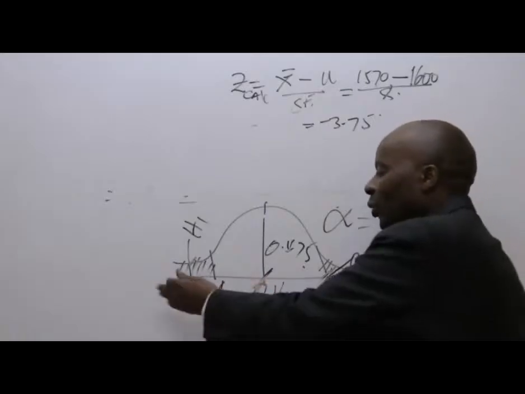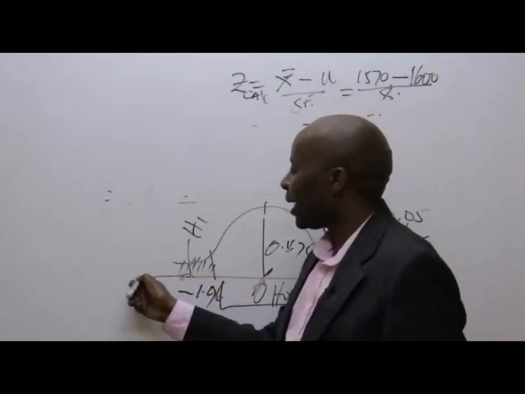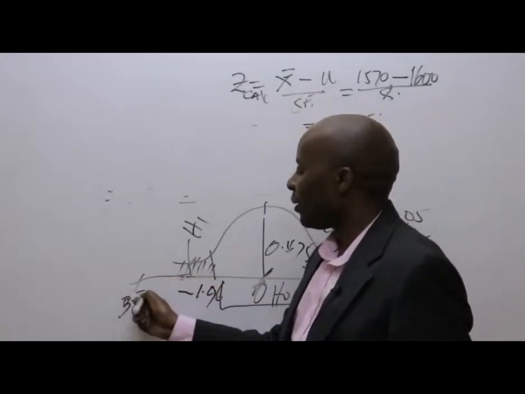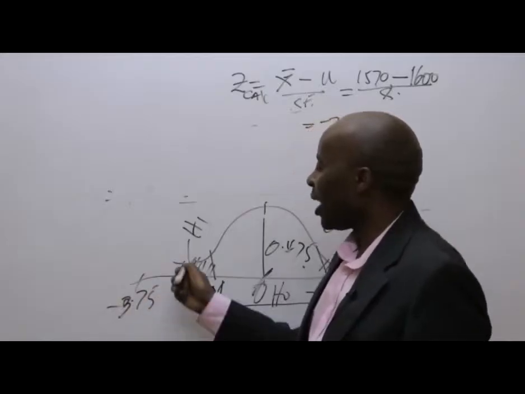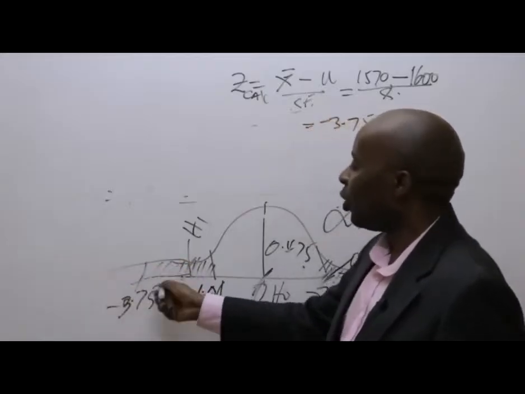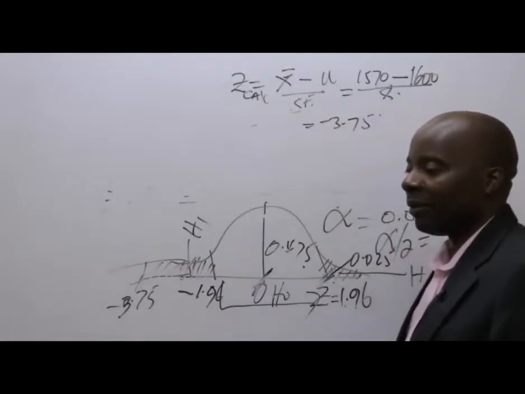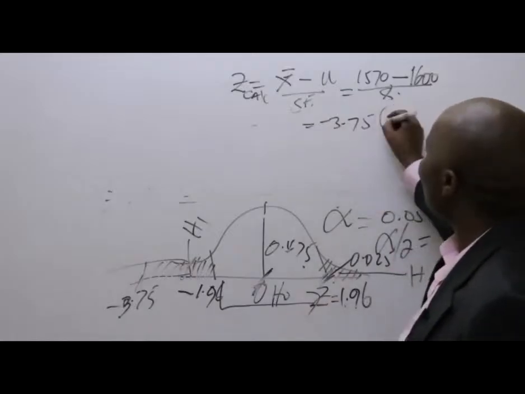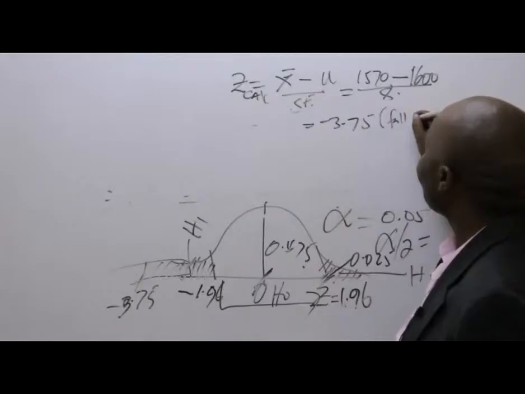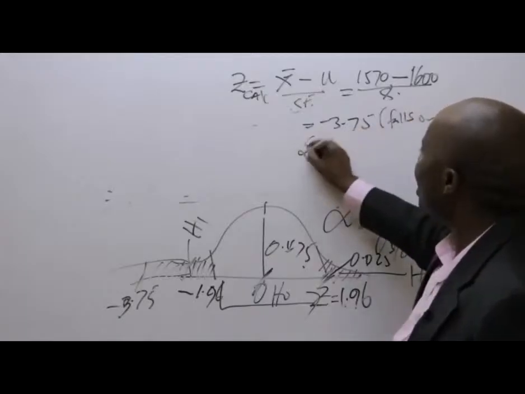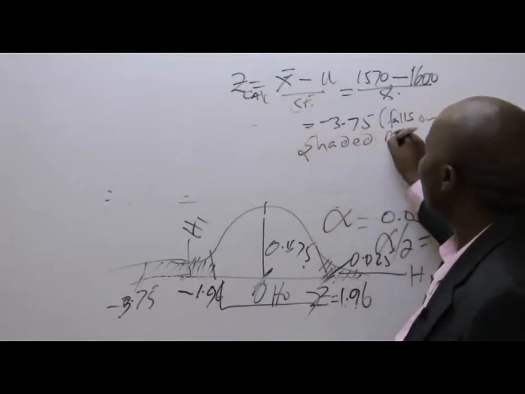As I go that way, minus 3.75 will fall here. And if it falls there, we can see that it falls on the shaded area.